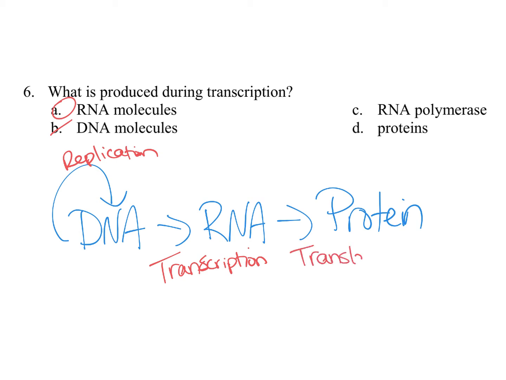Translation makes proteins, so that's not it. And RNA polymerase is the enzyme that adds the new RNA nucleotides off the DNA template during transcription. So what's produced, what is made, is the RNA molecule, specifically the mRNA.